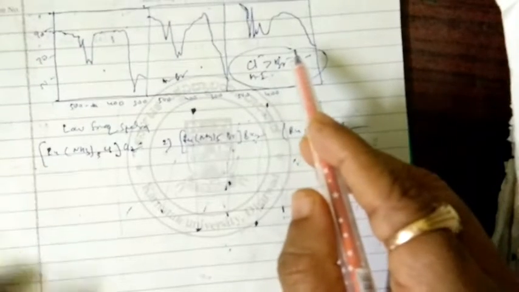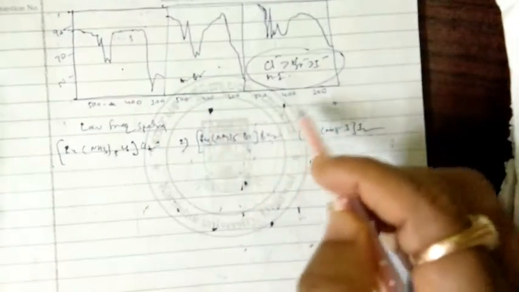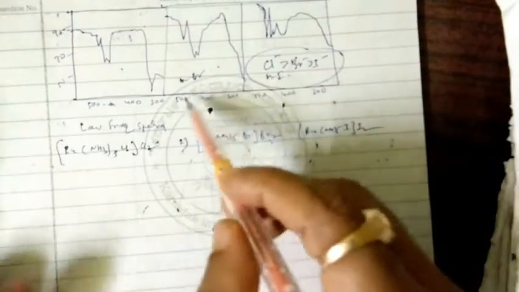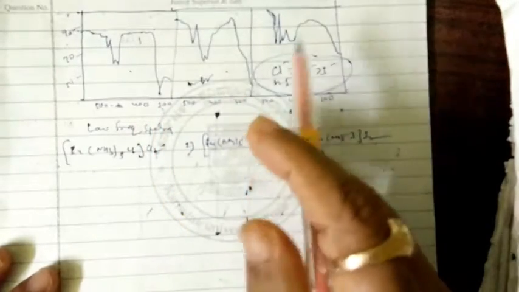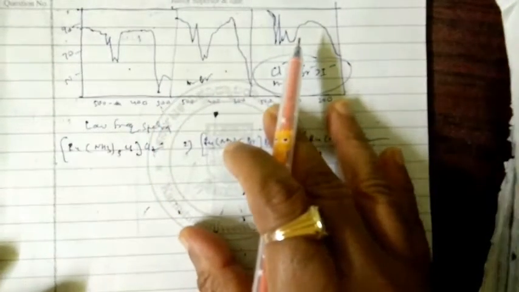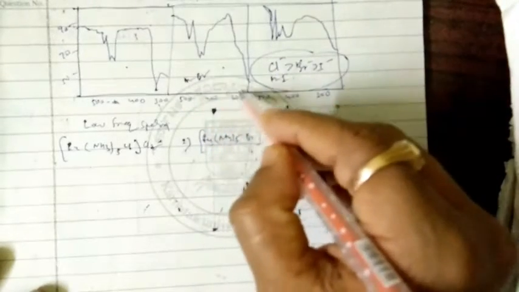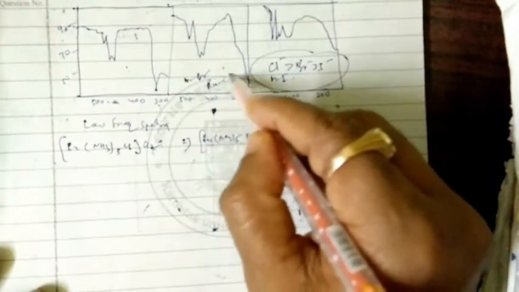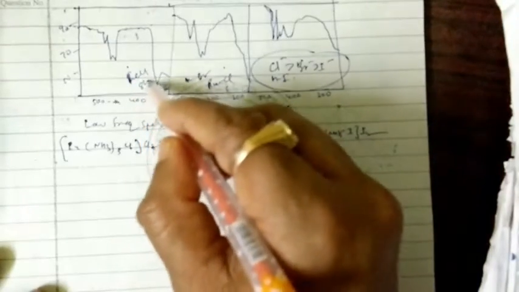The strong sharp band you can see here at 301 per centimeter for these complexes is because of the ruthenium chloride stretch.